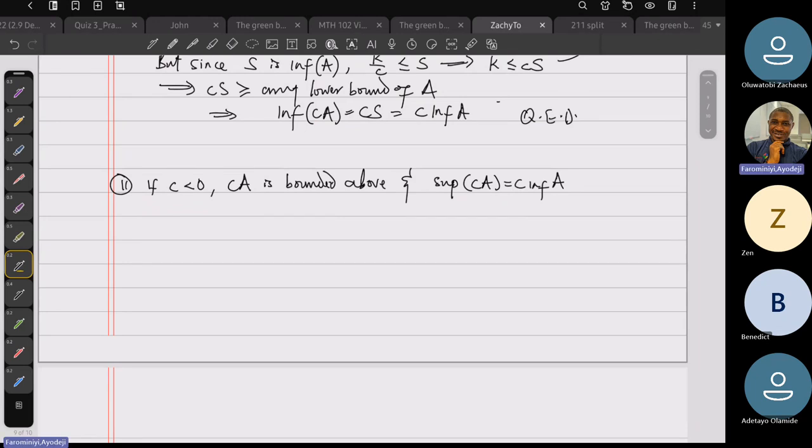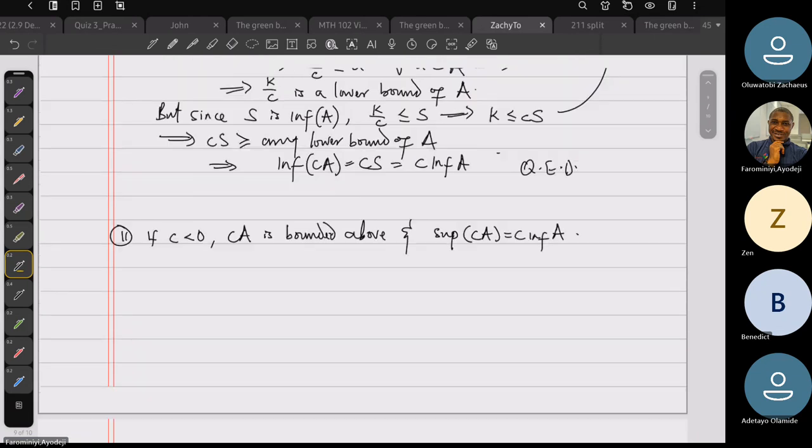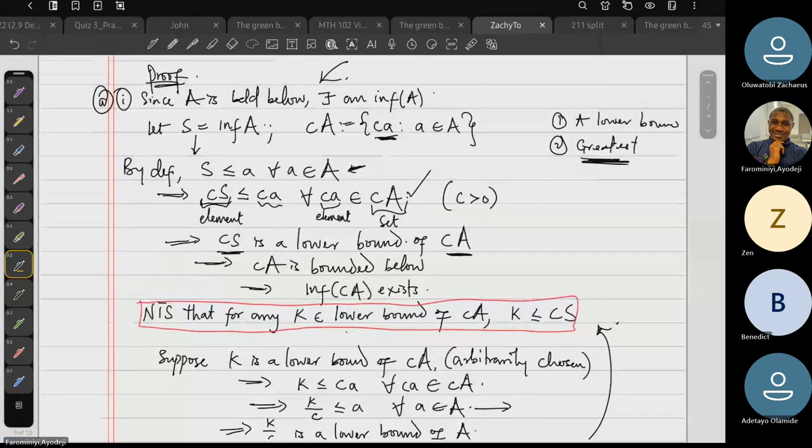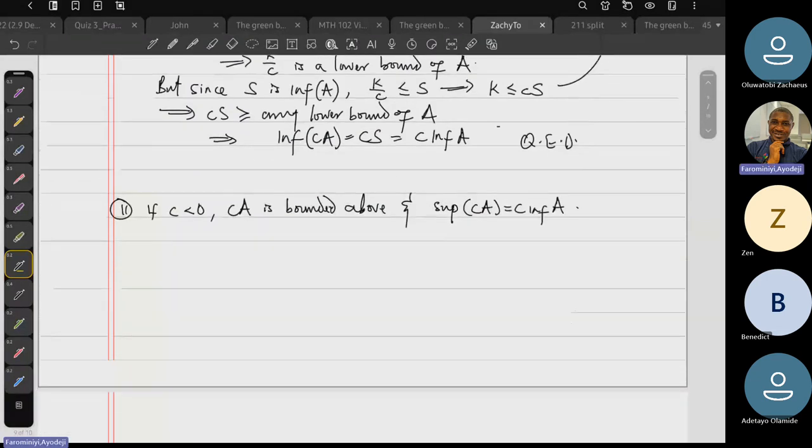So let's get to work. Again, like we started the last one, the only thing we are told is that A is bounded below, right? So we cannot say anything about the supremum of A, but we know for sure there is an infimum.